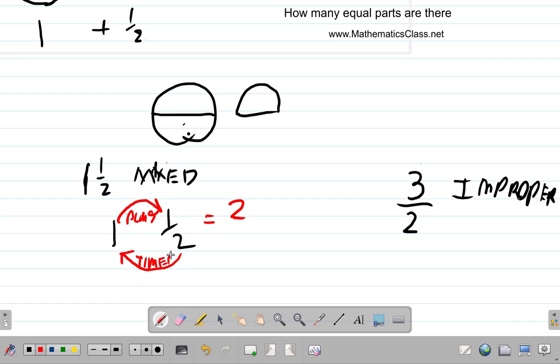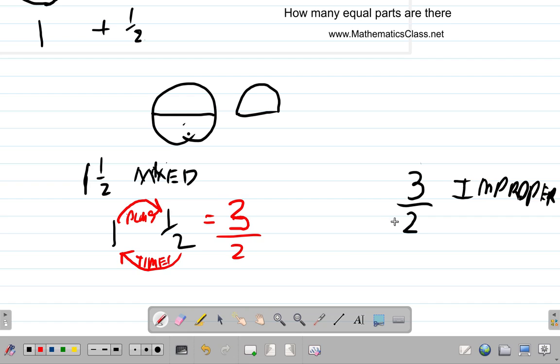Not 1. That was an error. So 2 times 1 is 2. 2 plus 1 gives us 3. 3 divided by 2 is what we have here.